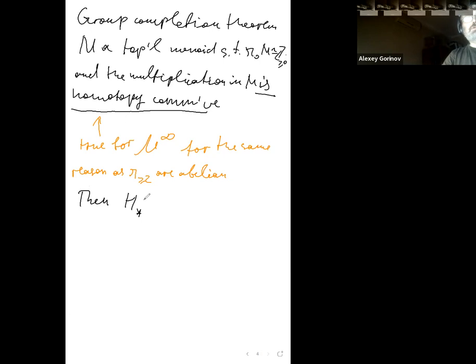By the way, before I state the isomorphism, I want to take M_P to be the P-th component, where P is inside pi naught of M, which is the same as Z greater than or equal to 0.